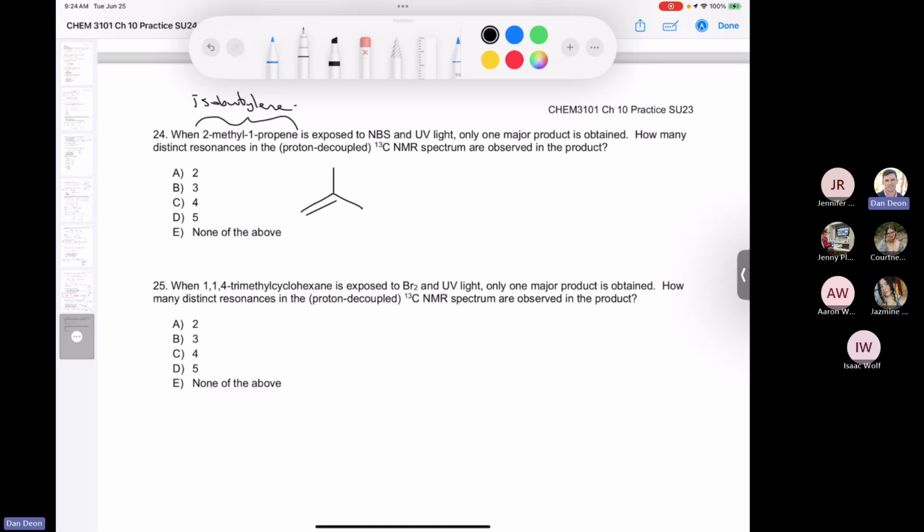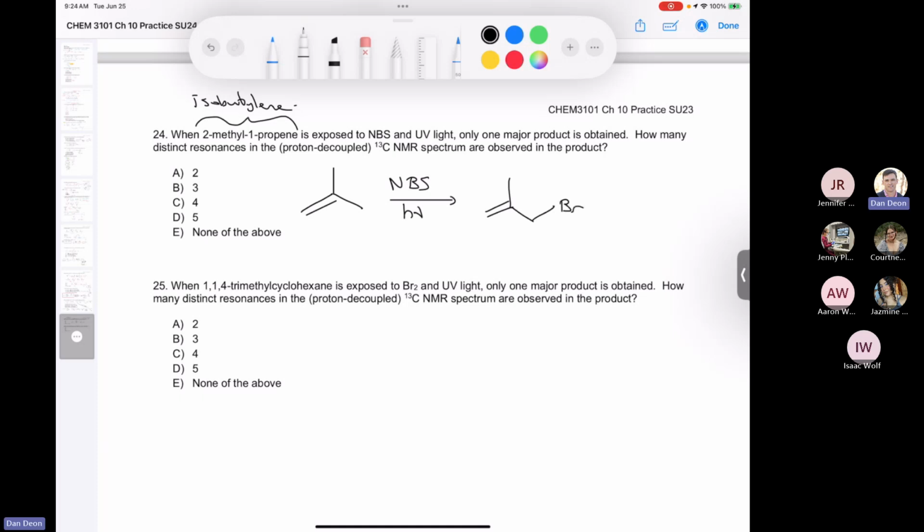But you treat it with NBS and UV light. NBS and light, we're going to do an allylic halogenation. So we do an allylic bromination, and that's going to look like this.